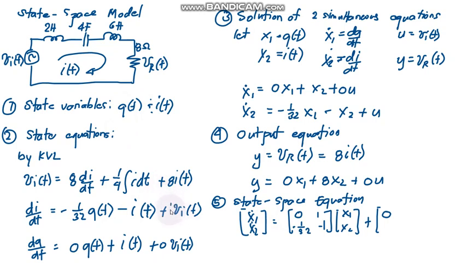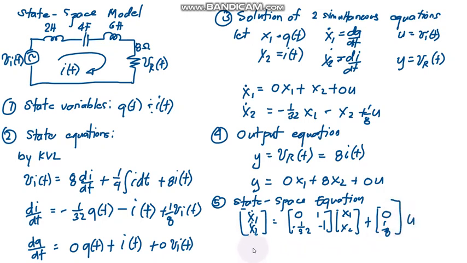We should have 1 over 8 here because of the coefficient of di/dt to be transposed on the other side, so we should have 1 over 8 here. And so here we should have 1 over 8 also. Okay, and therefore we should have 1 over 8 here. Okay, that is the u.